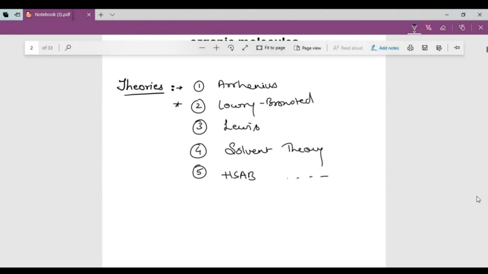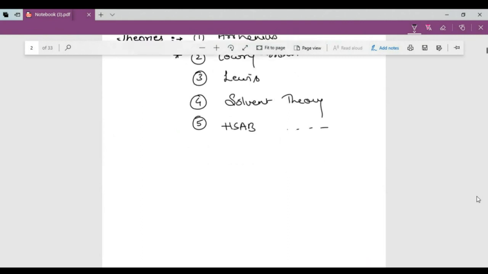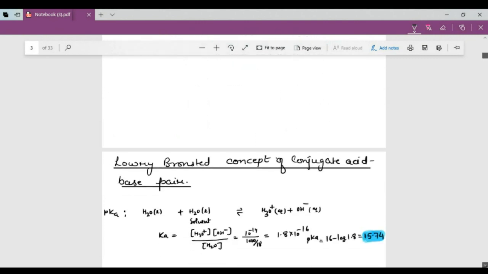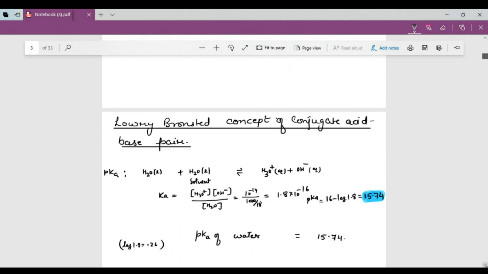In our limited time, there is no need for us to revise all these concepts as such. But certainly, what we need to know is a particularly important concept for us, that is the Lowry-Bronsted concept.